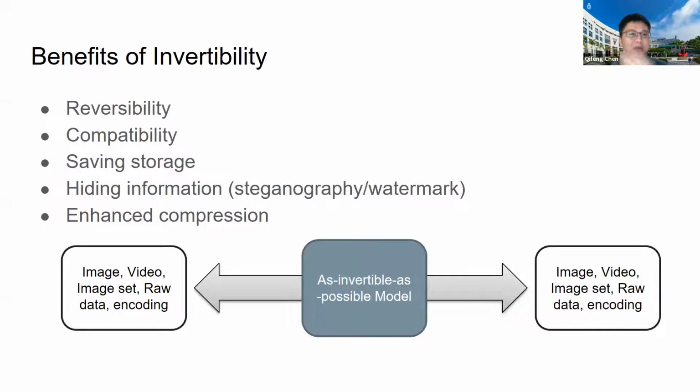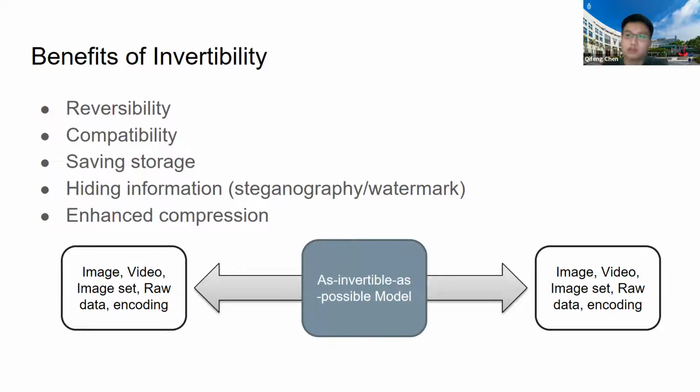So there are some benefits. I will talk more in the rest of the talk, but in general, we can summarize. First of all, this kind of model has reversibility, and it also has compatibility. I will talk more in the later part. And saving storage, for example, let's say we have raw data and an RGB image.